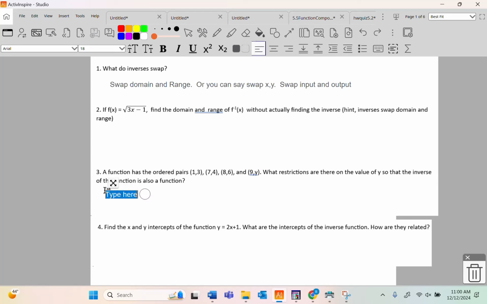So in your notes, you learned that a 1-to-1 function passes what we call the horizontal line test. And specifically, neither x or y can repeat, all right?